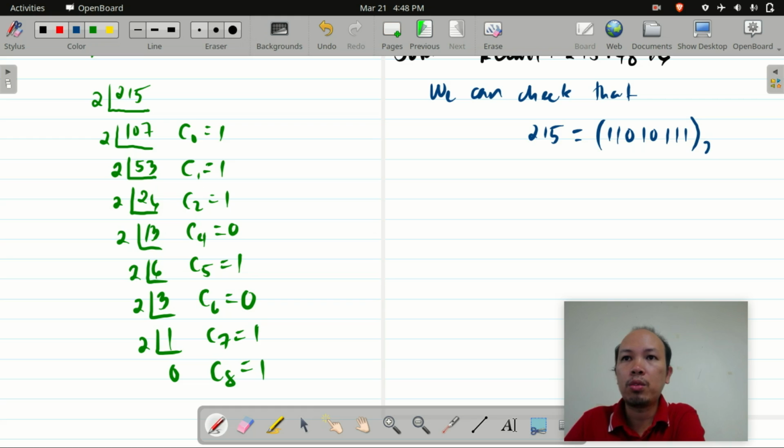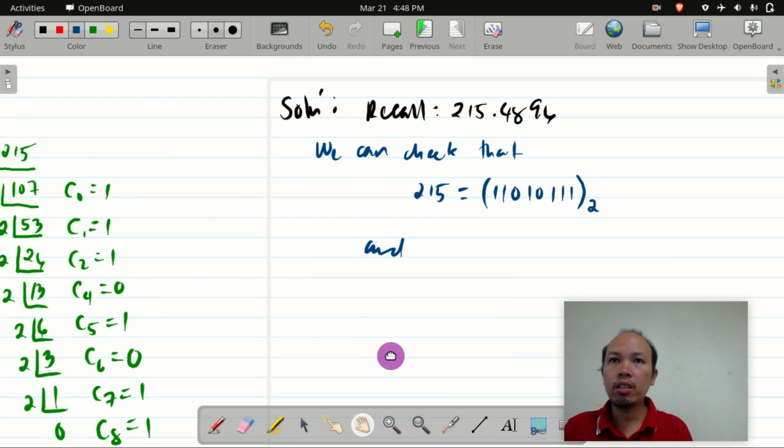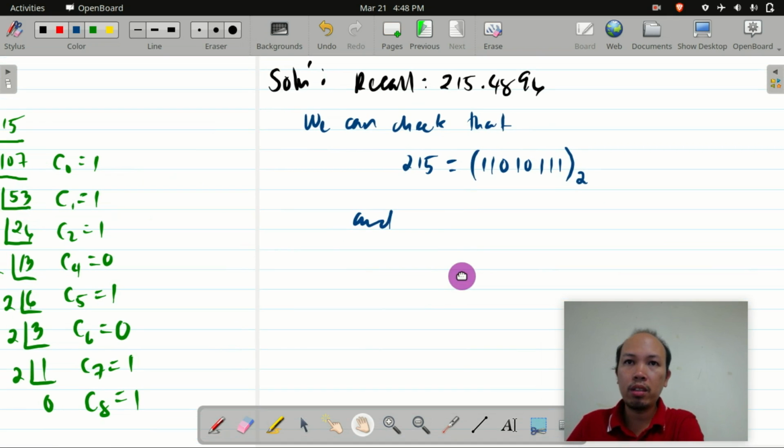Now for the decimal part, our decimal is 0.4896.